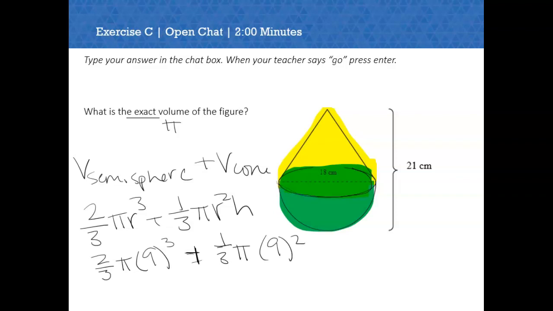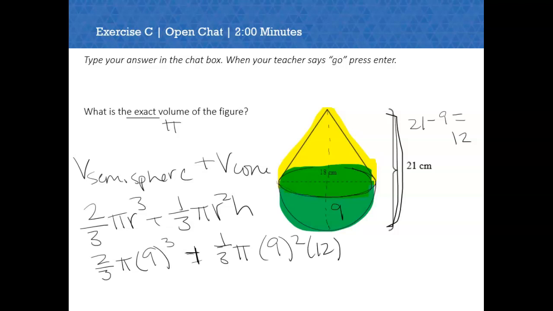What is the height? So keep in mind, from here to here, because it's a sphere, is the radius. So this right here is 9. This total was 21. So this part right here is 21 minus 9. So 21 minus 9 is 12. So this height is 12.